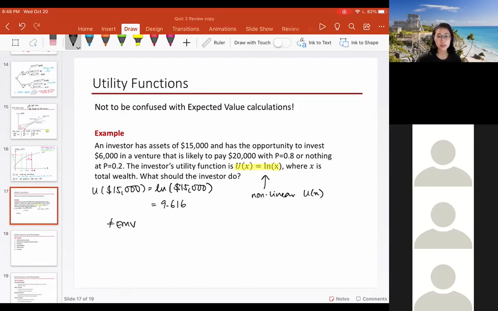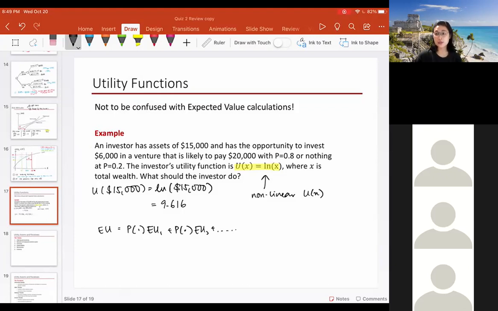Your expected utility is going to be, and so on. This is your expected utility. This is an example of a non-linear utility function.